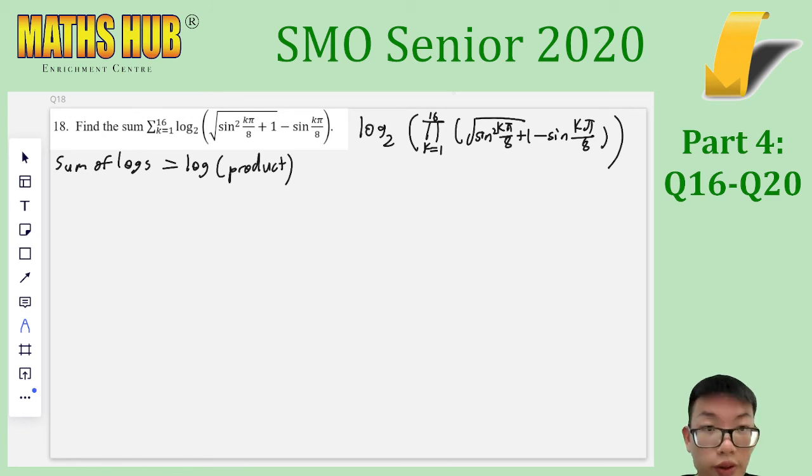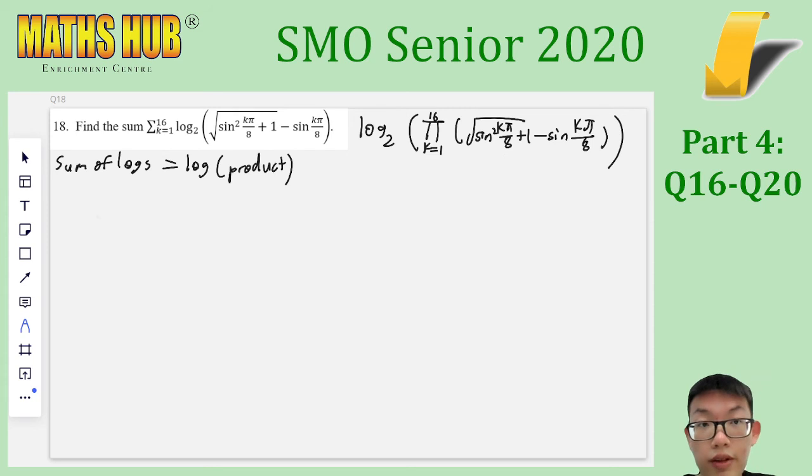As to which one we are going to use, well, that needs a little bit of guesswork. So the one thing that we can take note of is that this square root of sine squared k pi over 8 plus 1 minus sine k pi over 8 looks like it could use a conjugate. So how would we get a conjugate? We will get a conjugate if the sine k pi over 8 got negated, while the one on the other side stayed the same.